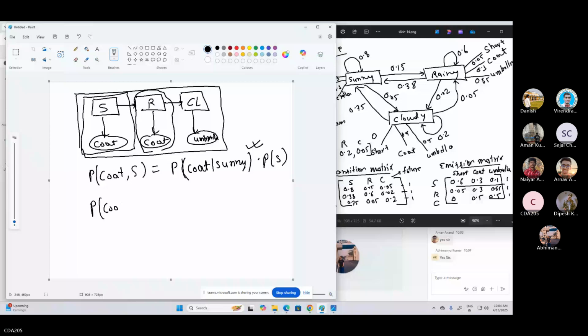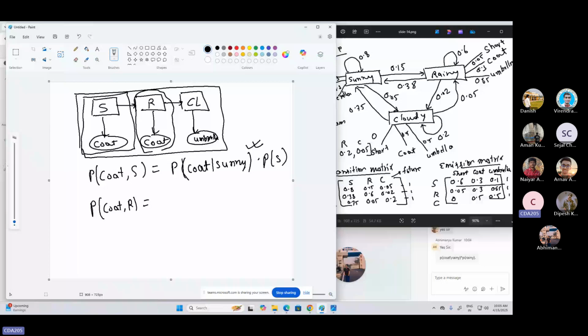Coat comma rainy, what is the formula? Anyone who can say? Ayman, you can say, what is the formula for the probability of coat comma rainy? Wrong. See, partially you are right.